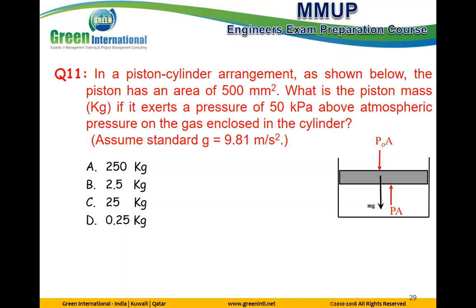Okay, for this one, we talk about a piston. This piston has an area of 500 square millimeters. What is the piston mass? The required mass, in kilograms.